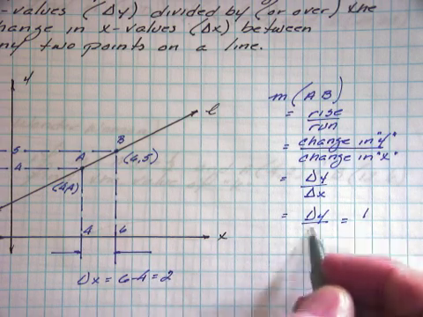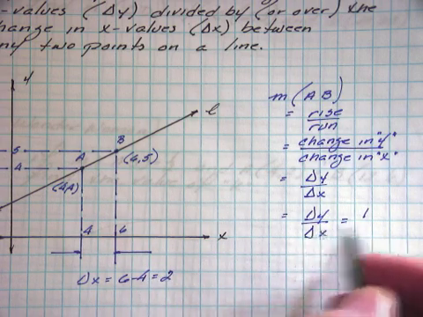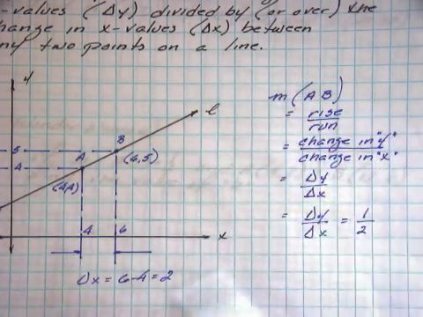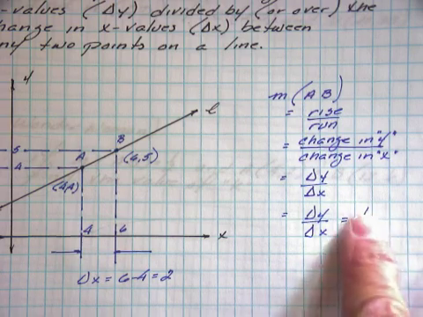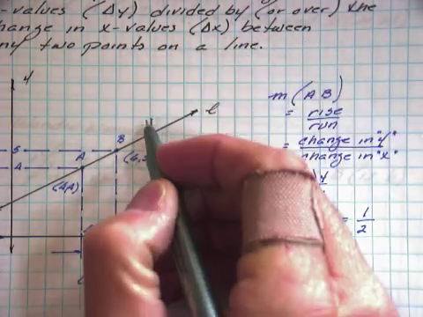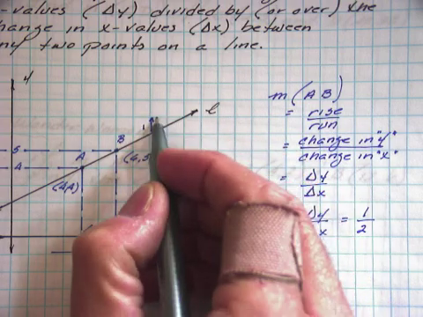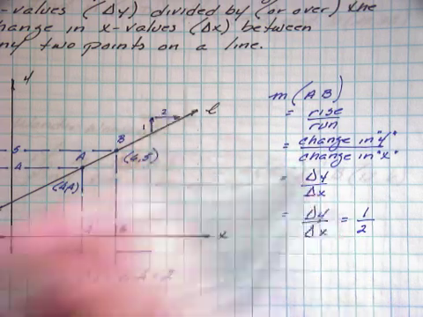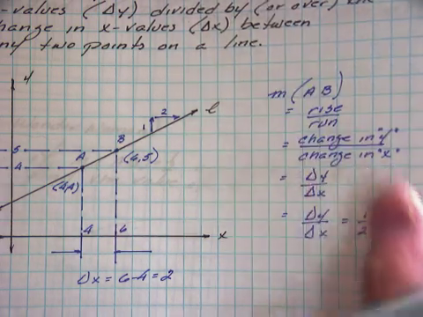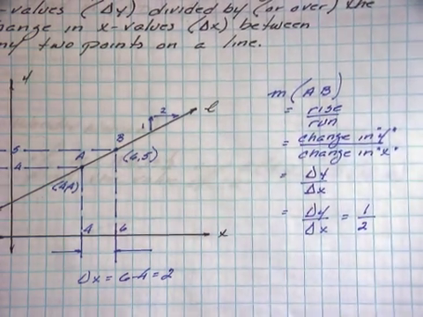So we can say that the change there is 6 minus 4, which is 2. So I can put that in for delta x, 2. So the slope of this line, the rise over the run, is 1 over 2. And if you go back to what you learned in previous classes, you can see that we have a rise of 1 and a run of 2, or slope of 1/2.